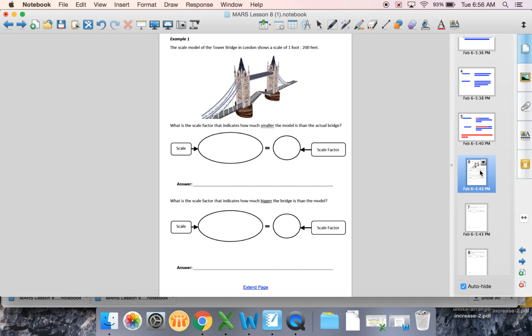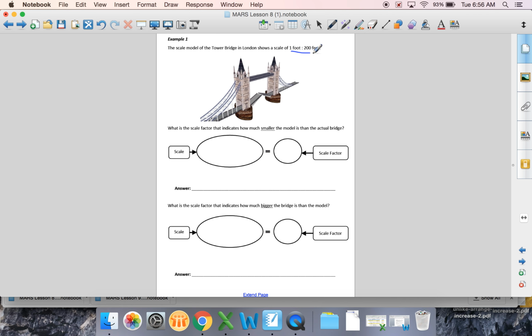So now we're on example 1, which is on page 43. Here we have a scale model of the Tower Bridge in London that shows a scale of 1 foot is equal to 200 feet. So here's a ratio that is really important for us. We're trying to find the scale factor that indicates how much smaller the model is than the actual bridge.